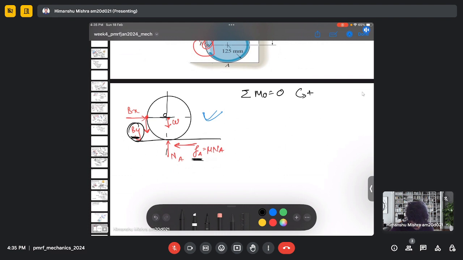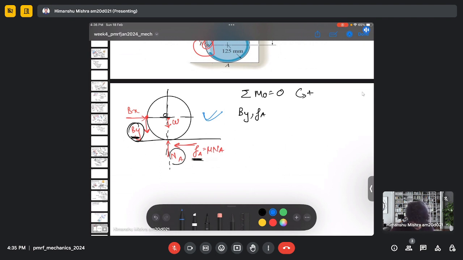Bx is actually in the line of contact, and this force Na is also in the line of contact. So this will be zero. This will not create any moment. So the moment will be caused by By as well as Fa.